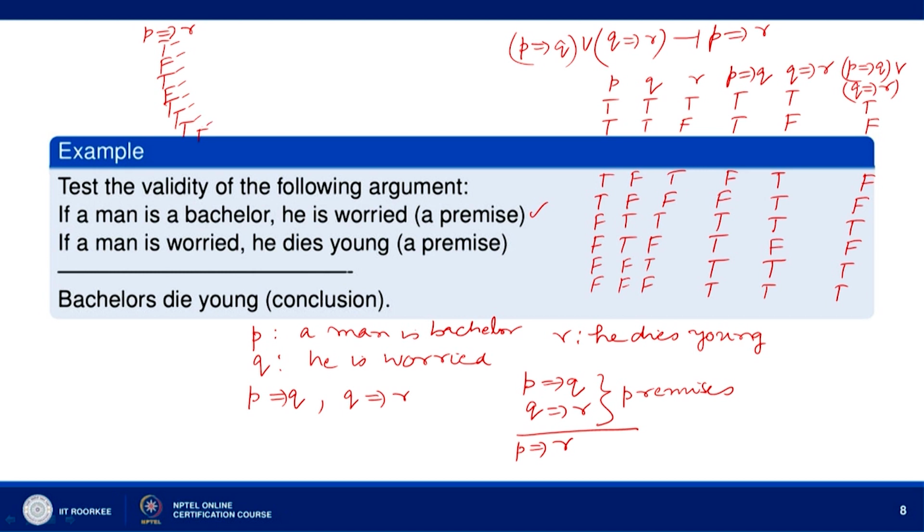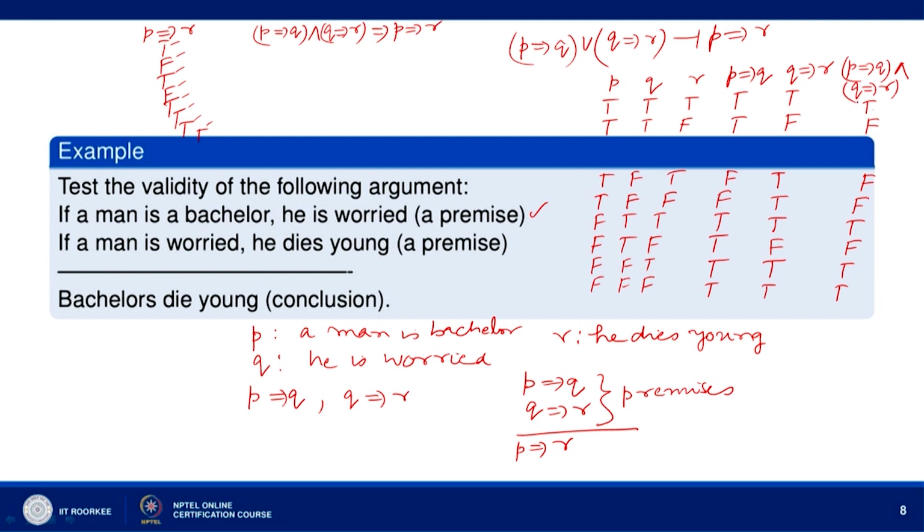Okay. Now, let us write the column for P implies Q and Q implies R, this is AND. So, P implies Q and Q implies R implies P implies R. Okay.